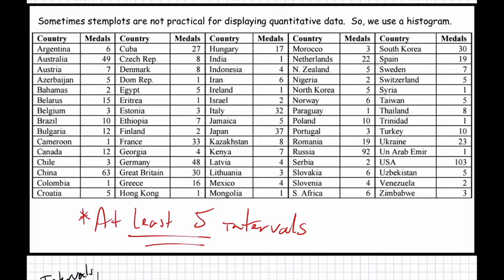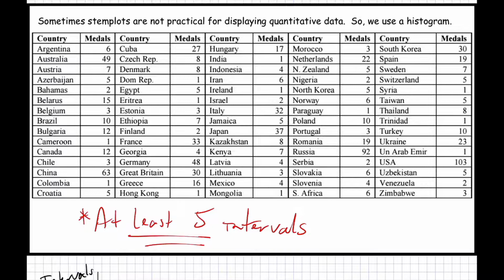And then the last one is 101 to 120. 1, 2, 3, 4, 5, 6. We have 6 intervals. Are they all exactly the same size? Yeah. How do you know? If you subtract these two numbers, you get 19, and the same for each of the others, 19, 19, 19. So they're exactly the same size.